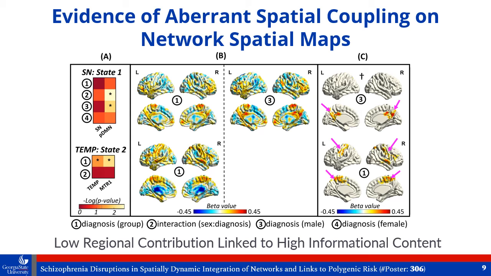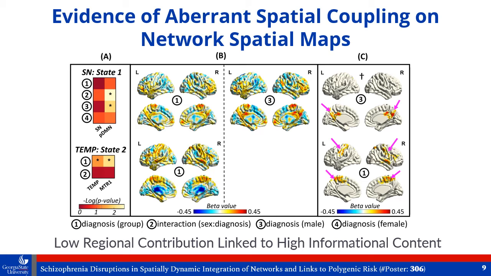We perform a voxel-wise statistical comparison while controlling for the same confounding factors. Panel A shows the result of the spatial similarity between the beta spatial map of the variable of interest, like diagnosis or interaction, and the network map.